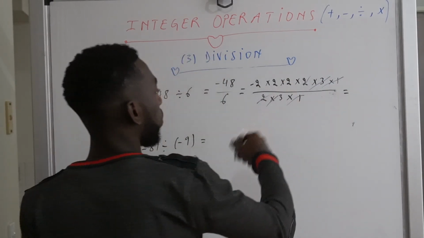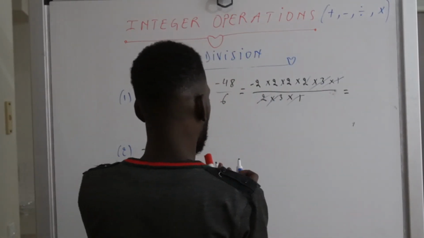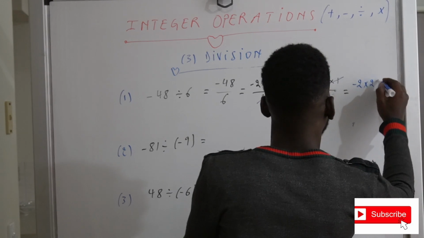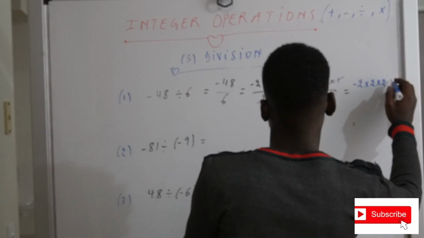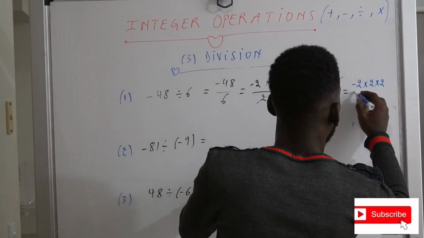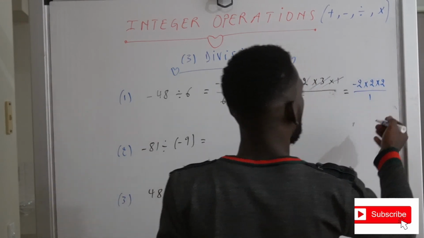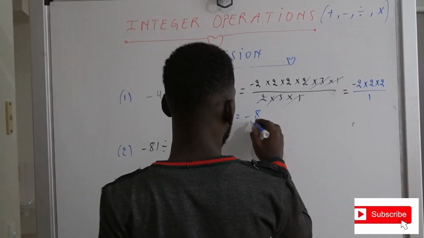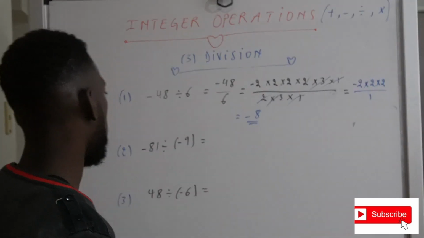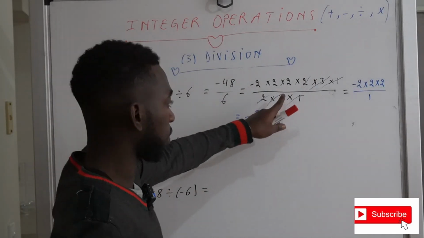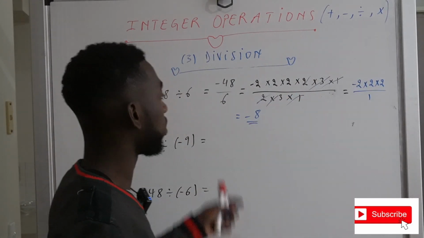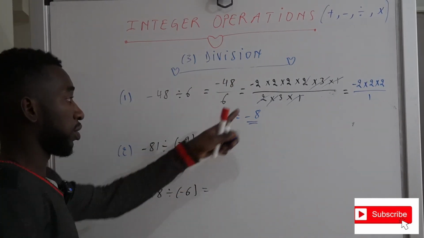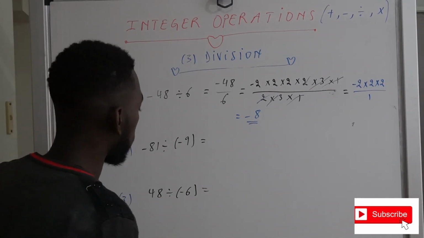What you have at the top is negative 2 times 2 times 2, right, over 1, and that is the same as negative 8. I hope this makes sense. And so you can see the good thing about using common factors, even if you don't know straightforward how to do division in your head, you can use common factors to show the full working out.